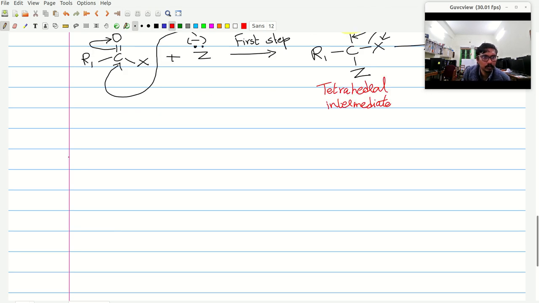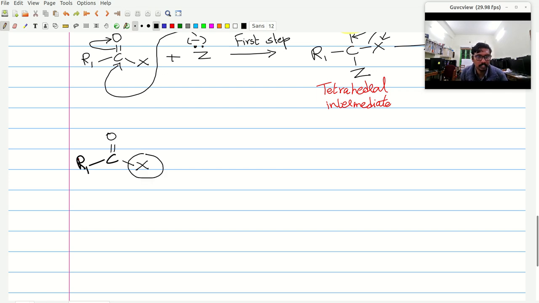So from the above one can conclude that the ability of the carbonyl compound to undergo the nucleophilic acyl substitution reaction is determined by the ability of this X to leave.